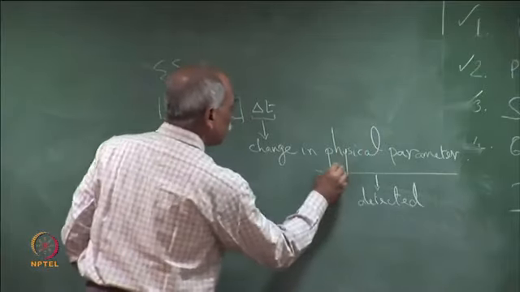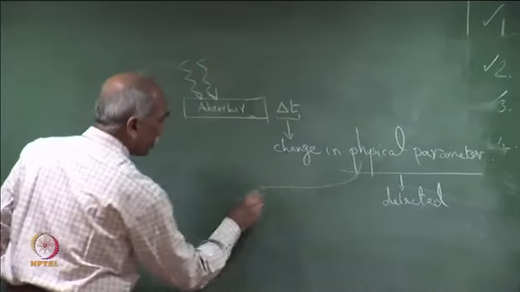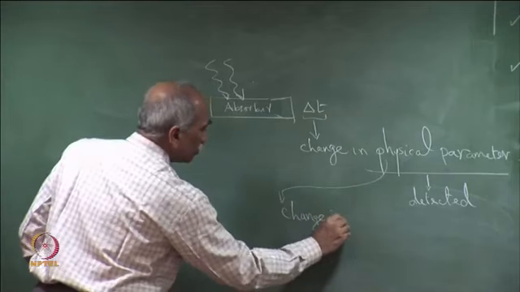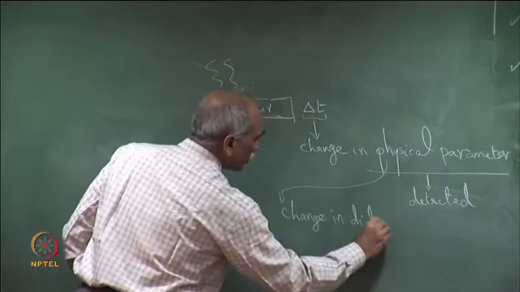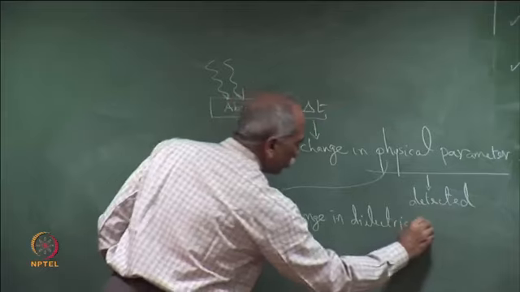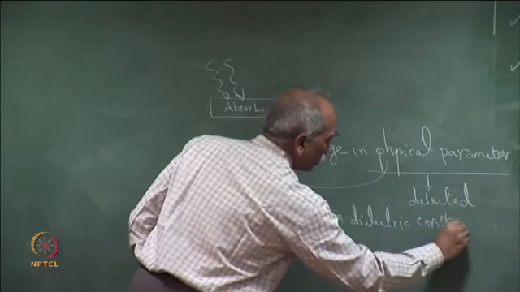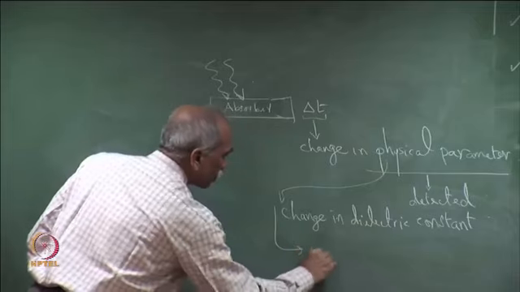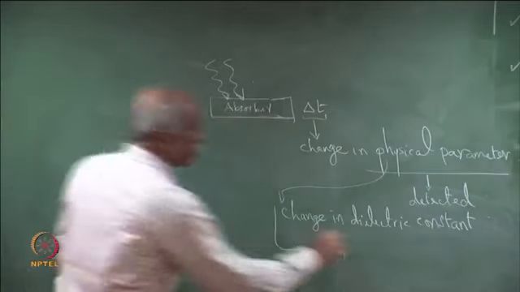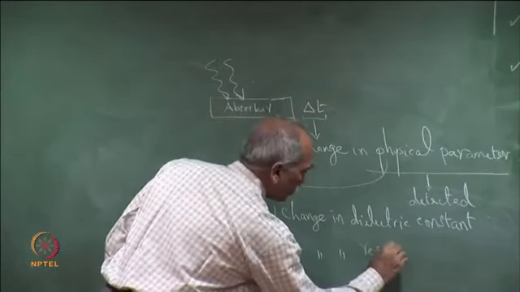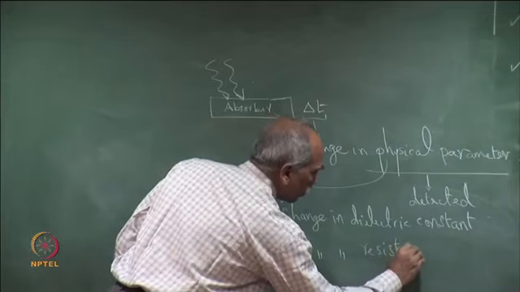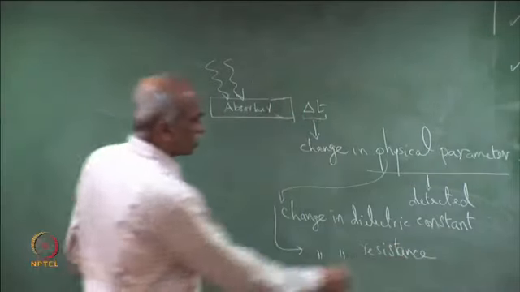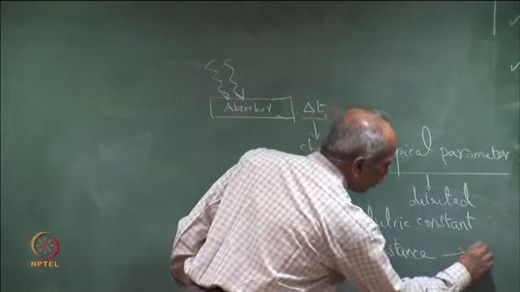For example, this could be a change in resistance, as in the case of the bolometer.